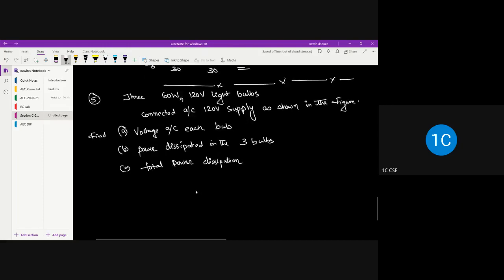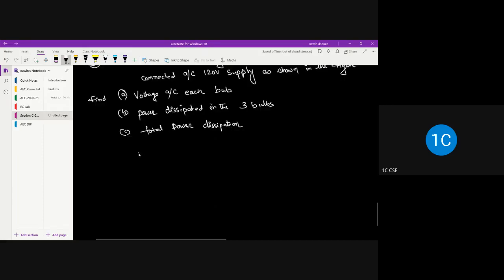So this is the circuit. Plus minus 120 volt supply, connected to the first lamp. Here the bulb is assumed to be resistive, because the inductance part doesn't work with DC; inductive reactance is always 0 ohm for a DC power supply.